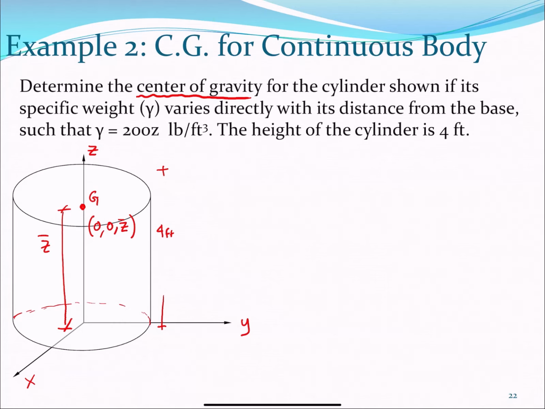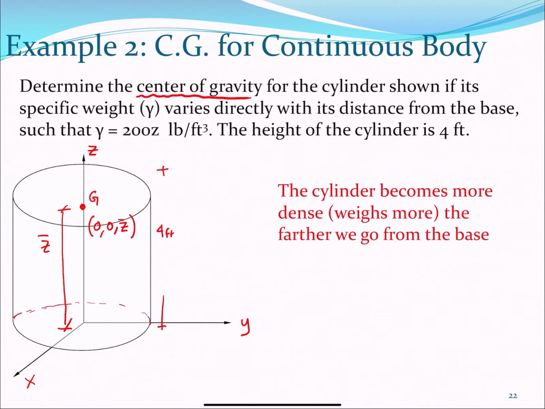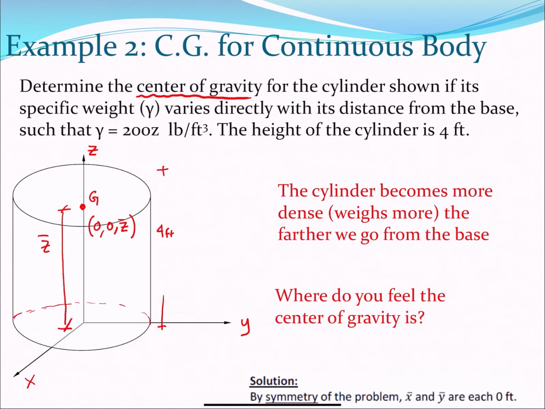And the height of the cylinder is 4 feet. What this means is that this cylinder becomes more dense, weighs more, the farther we go from the base. So this cylinder is heavier on the top.